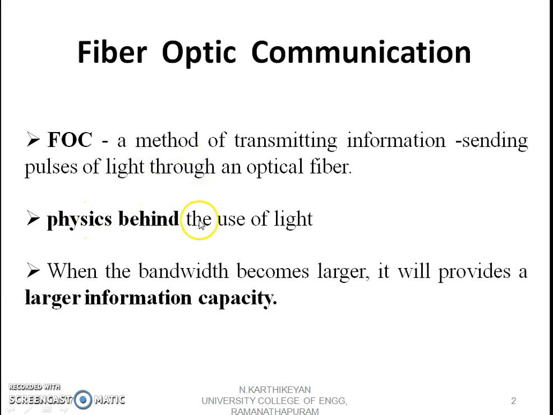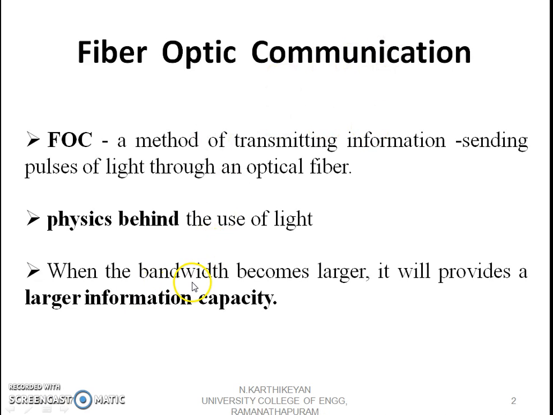The physics behind the use of light as the carrier is that the amount of information that can be transmitted is proportional to the frequency range over which the carrier operates. If the carrier frequency increases, the available transmission bandwidth will increase as well.